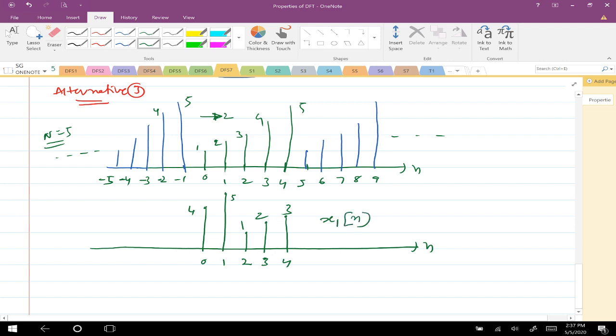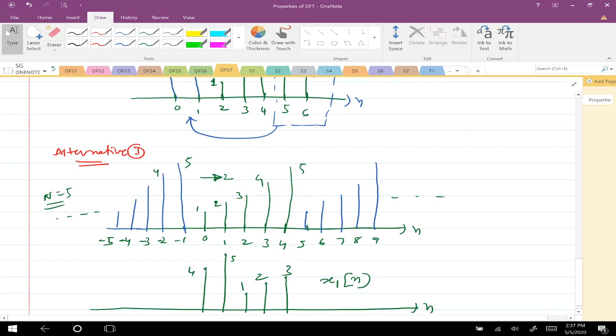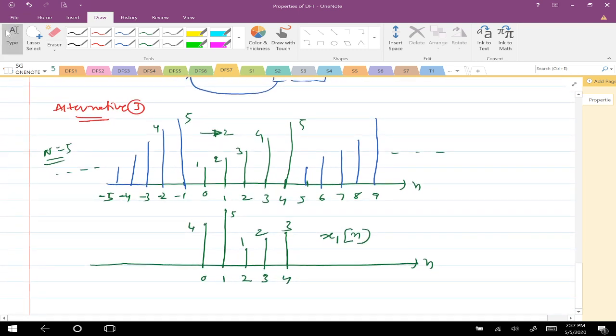If you want, you could first draw x1 tilde of n, the whole thing, and then take one period of that, and that would give you x1 of n. So let me just draw this, 4 5 3 2 and 1 here.